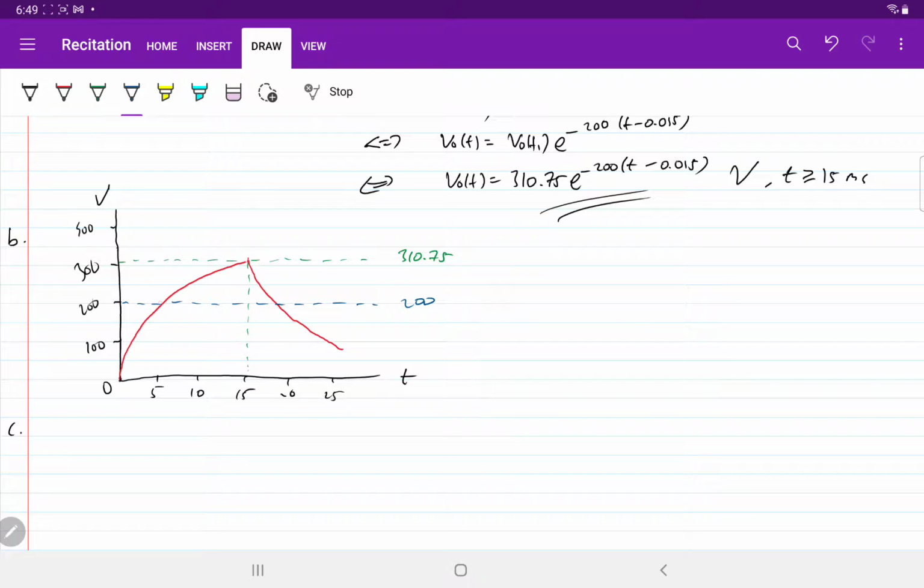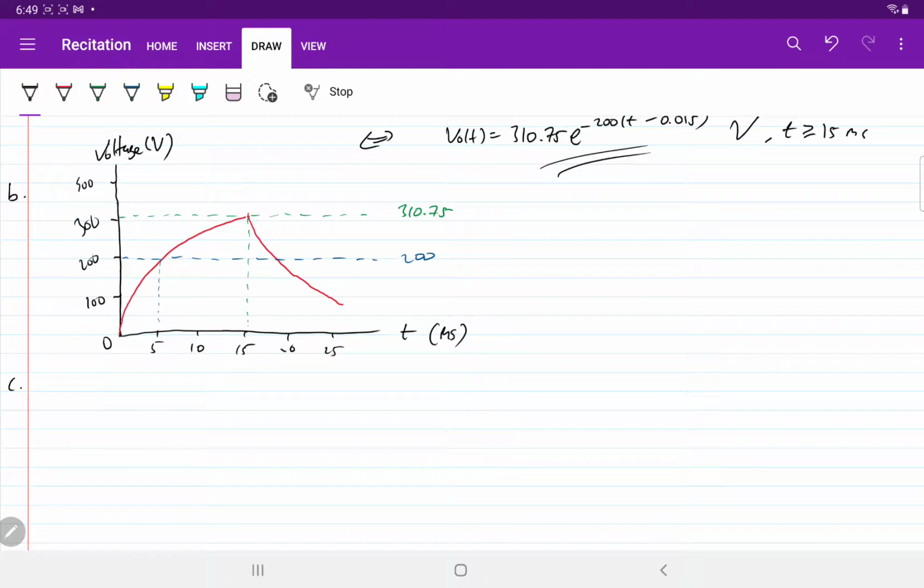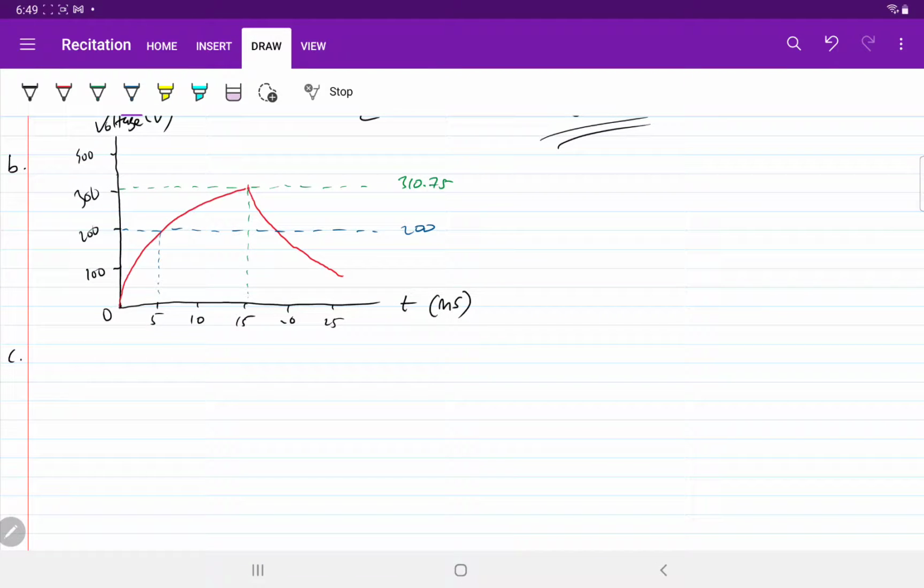One is on the interval 0 to 15 milliseconds, with voltage in volts and t in milliseconds. And when t is greater than 15 milliseconds, there is another time where the voltage is also 200 volts.